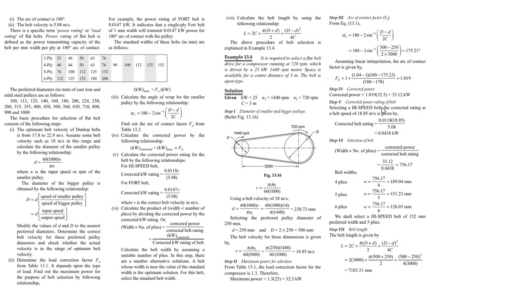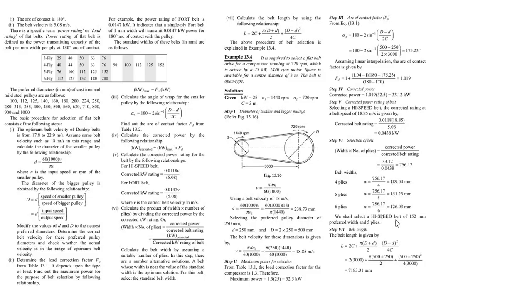Then for the corrected power rating of the belt, selecting a high-speed belt, we will have the corrected belt rating as 0.0438 kilowatt. Then for the selection of belt, we will find the product of width into number of plies, which comes nearer to 756.17. We will choose 4 plies, 5 plies and 6 plies, and we will calculate the widths.